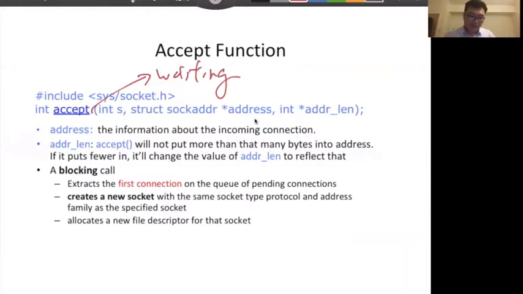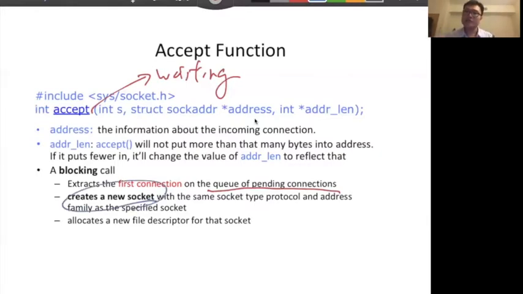If accept sees a connection in the queue, it will search the queue, take the first one, and get it. Then it will create another process, and create a new socket to talk to that process.